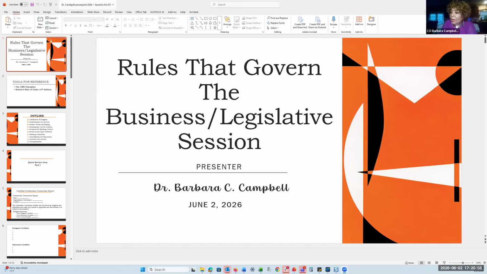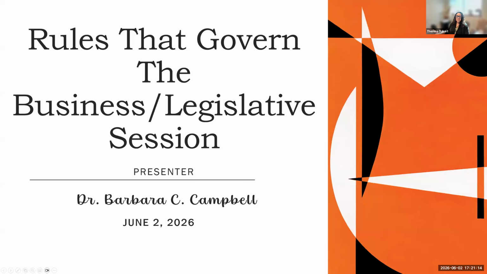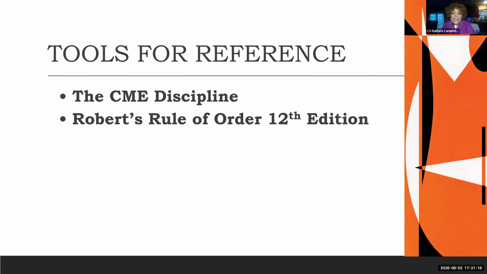And now we have before you our agenda, the rules that govern the business session for this general conference. Next slide will be, you need two documents, really three, for this next session. You need your CME Discipline and your Robert's Rules of Order, 12th edition.